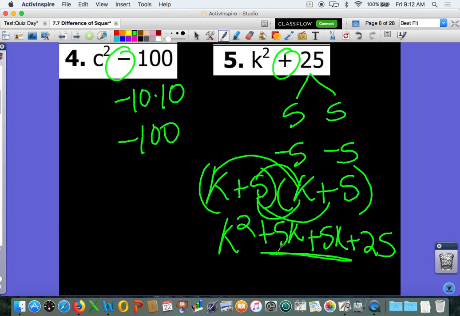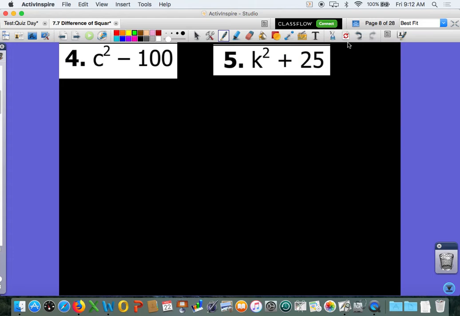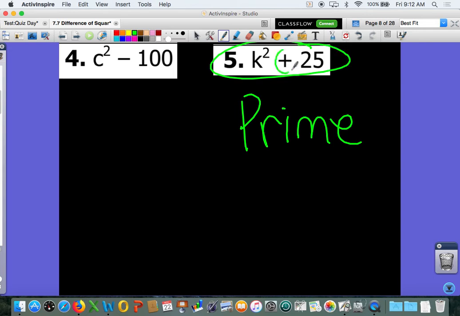So this is actually called prime. So for this problem right here, this is called prime. Basically, if it's set up like this, with a plus sign in the middle between them, it is prime. You cannot factor that. Over here, it's a subtraction. The whole goal is for it to cancel out. C plus 10 and C minus 10.